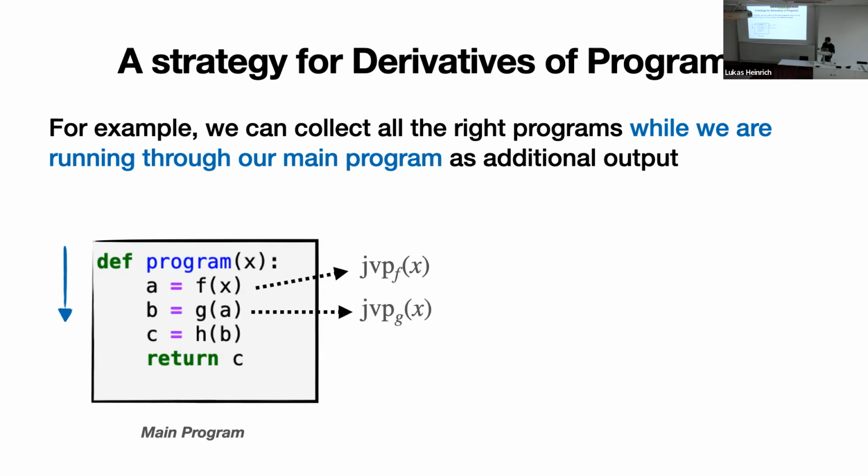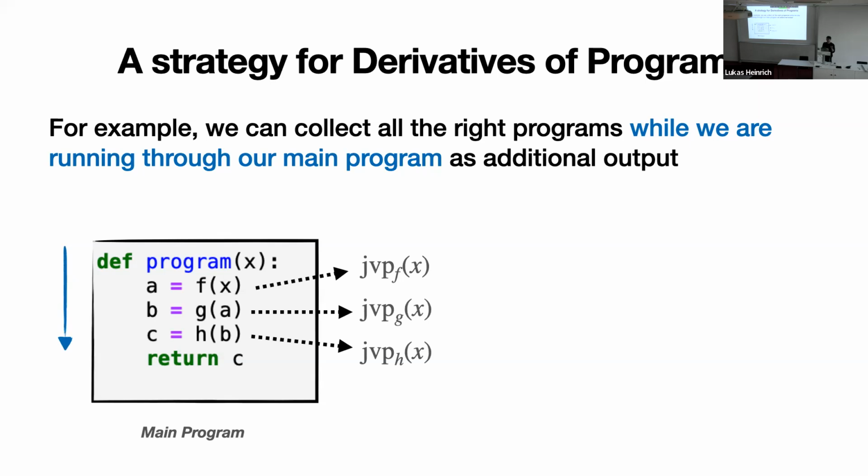And then we go further, and every time we go through some kind of microscopic statement in our program, it not only produces the output, but also an additional function that we can use later on in order to do gradient computation.